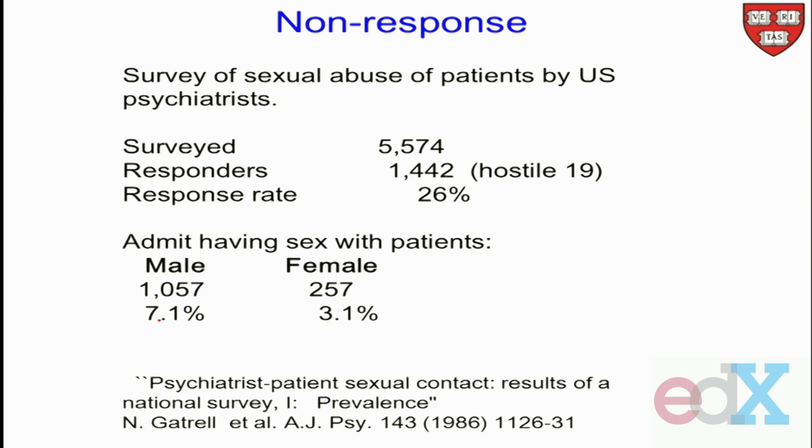Now, of these 26% who responded, 7.1% of the males who responded said that they had had sexual relations with their patients, and 3.1% of the female psychiatrists who responded said that they had had sexual relationships with their patients.